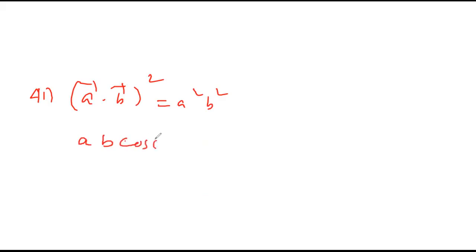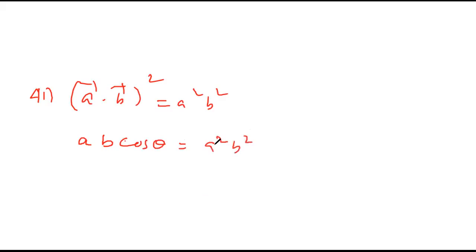Next sum. (41) The condition (A bar dot B bar) square equal to A square B square is satisfied when A and B are parallel, A is not equal to B, A dot B is 1, or A is perpendicular to B. So dot product means A B cos theta.